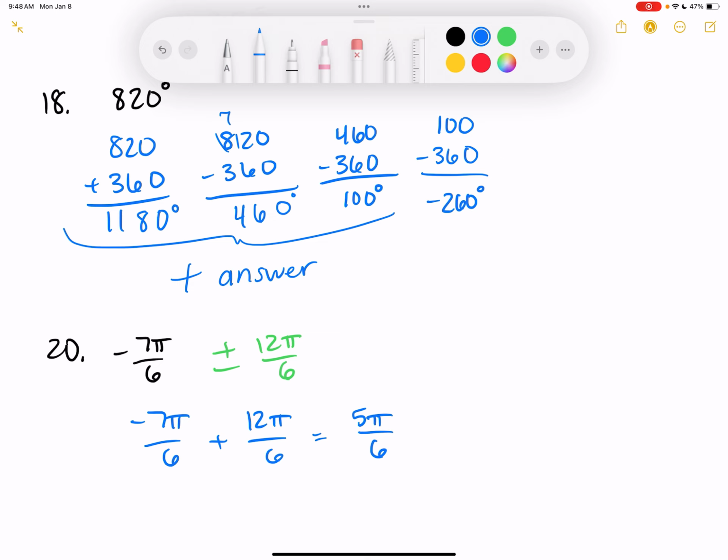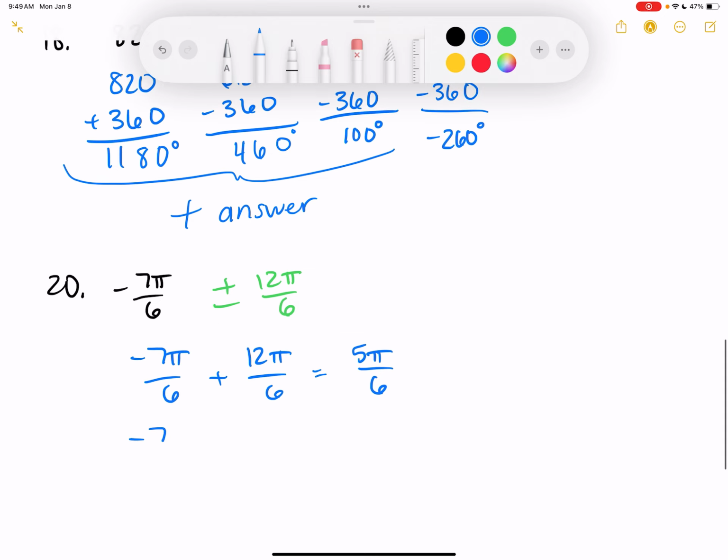And then I will subtract 12 pi over 6 because I need to actually find a negative one. Minus 12 pi over 6. So that would be negative 19 pi over 6. And so that would be another coterminal one.